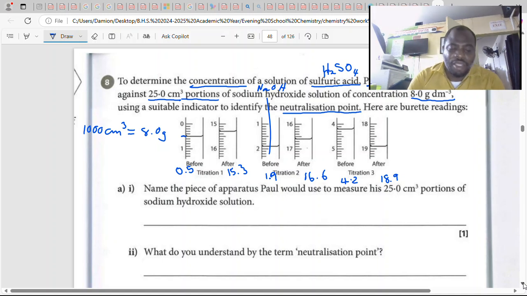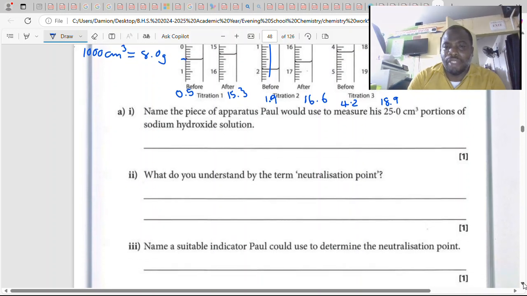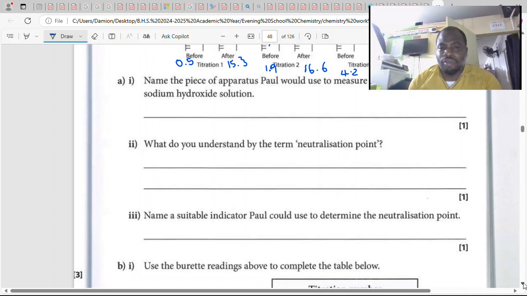Because as we said, we would have different pipettes allowed to measure out the precise volume of a solution based on its capacity. Is there a specific name for those? We just say a 25 because that is the amount that we want to get.